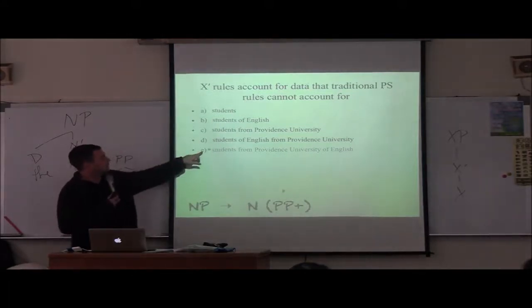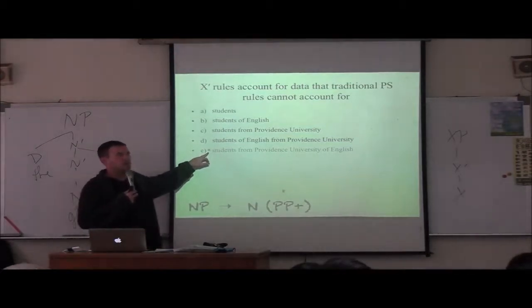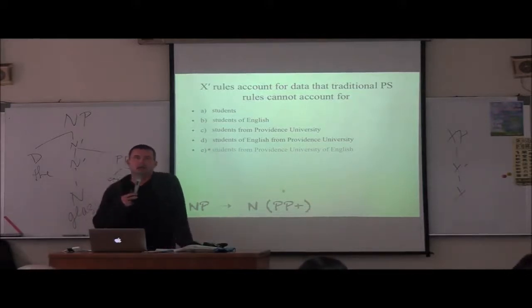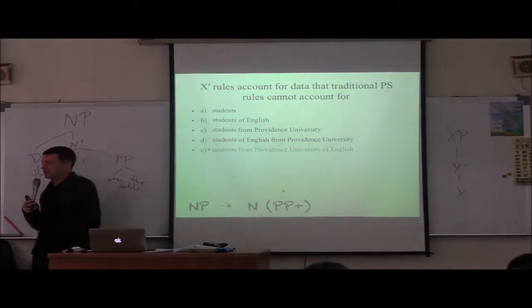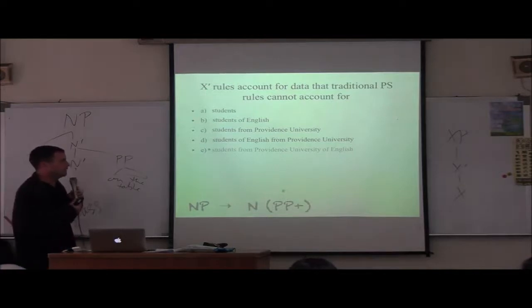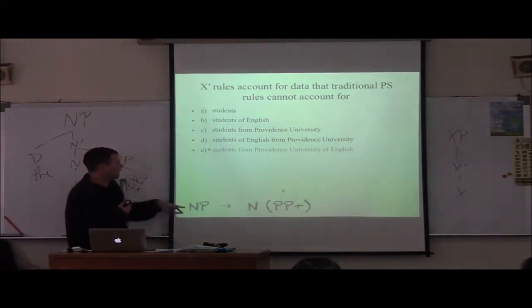And please remember that in syntax and phonology anyway, an asterisk before the example indicates that that example is ungrammatical. So, students from Providence University of English is ungrammatical, but students of English from Providence University is grammatical. So, E is bad, D is good.